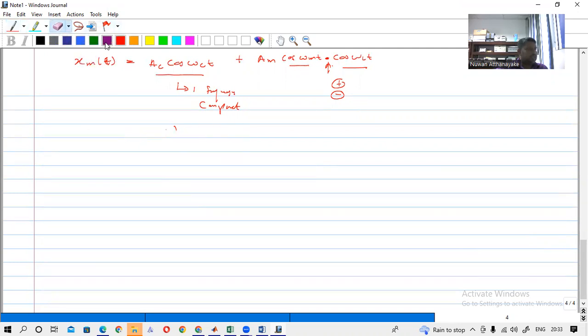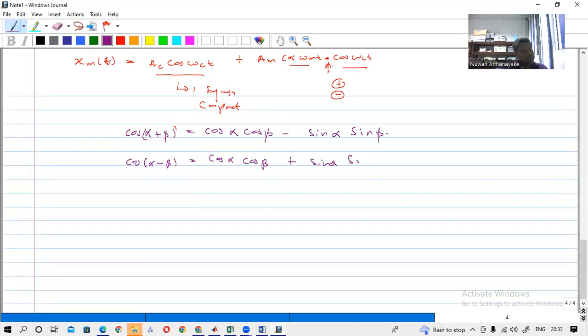We already know this identity; we have used it several times, in A-level maths also. cos(α+β) is equal to cos α cos β minus sin α sin β, and cos(α−β) is equal to cos α cos β plus sin α sin β.